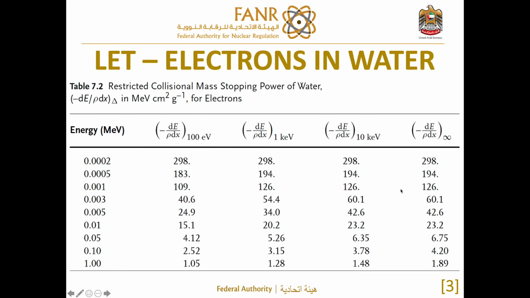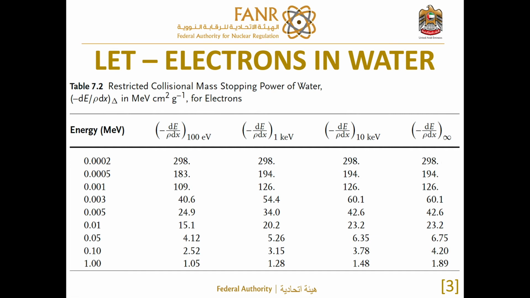A similar table here, we have electrons, not protons, again in water. And you see, again, we look at the last column, we see the same trend. That is, for higher energies, the deposition is less, and then it increases by reducing the energy of the electron.